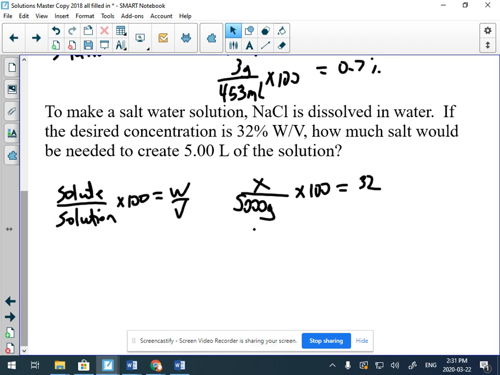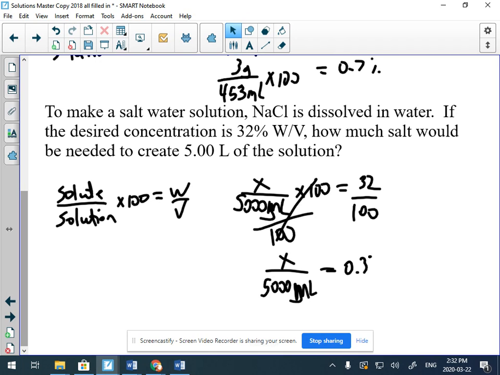I'm going to divide both sides by 100 to get rid of the 100. Then I have X over 5,000. Oh, that should actually be milliliters. My bad. We'll just change that to milliliters. Okay, is equal to 0.32.